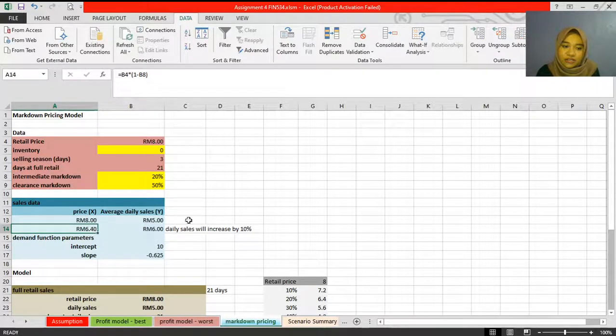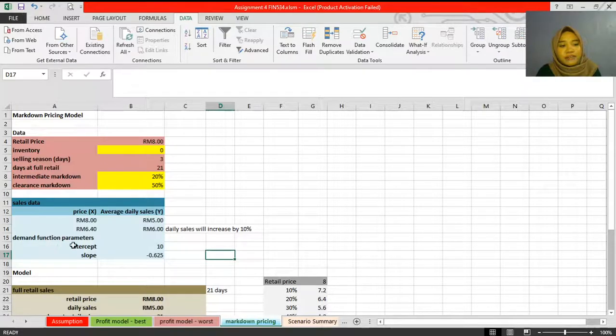This one is not related to that. This one is daily sales increase by 10%. If it increases by 10%, I will get 6 ringgit, from 5 ringgit to 6 ringgit.